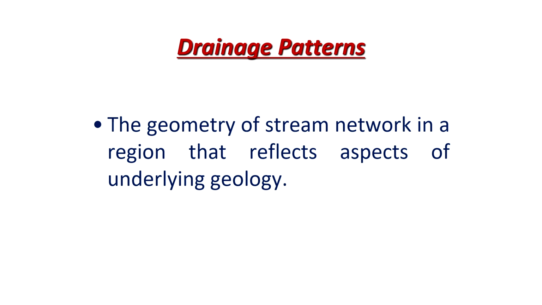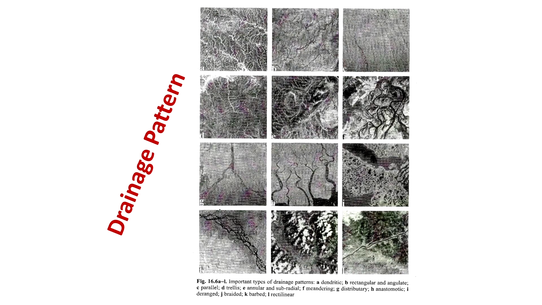Usually the drainage pattern is a reflection of the underlying geology. This reflects the clear cut geology. These are some very typical drainage patterns commonly seen: the dendritic pattern, the rectangular pattern, which will be in areas having fractures and joints, then parallel drainages, trellis, annular, subdrainage, and many more.